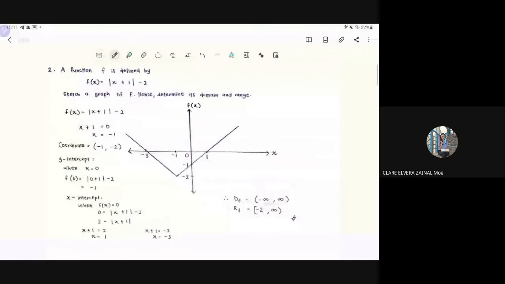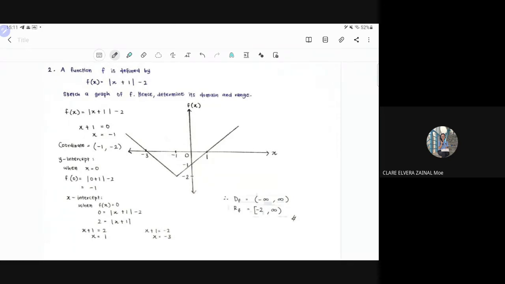Now we have all the points needed in the graph, so we can plot the graph. So as usual, sketch the y-axis and x-axis first, and also the numbers. Don't forget the labels and also 0.